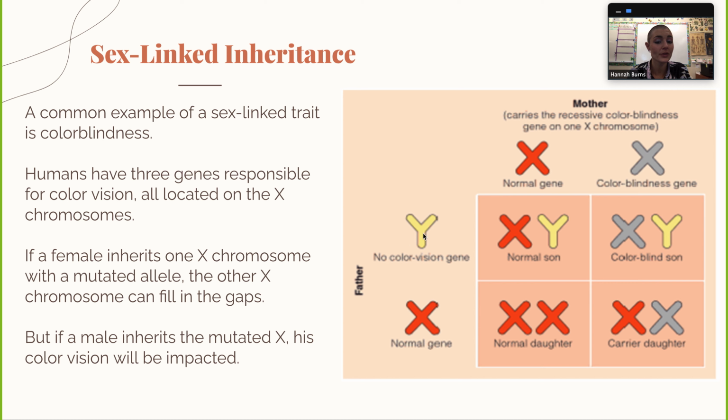Meanwhile, this individual gets the Y from dad and the color blindness gene from mom. This individual down here gets normal X from mom, normal X from dad. Meanwhile, this one down here gets normal X from dad and then the color blindness X from mom. But because she has two X's, while she carries the gene for color blindness, she still has normal color vision because she has a normal X chromosome as well.